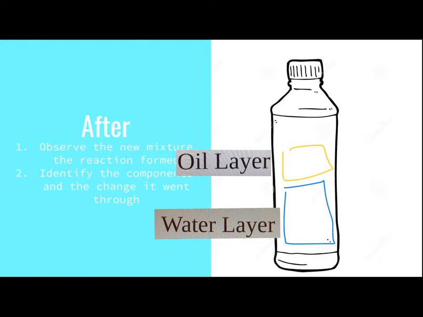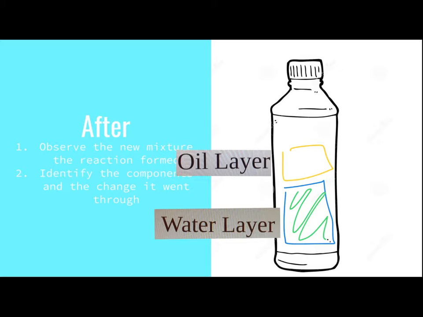First, we can tell apart these two layers, which makes it a heterogeneous mixture. But after the green food coloring was added, that still did not change. Only the water itself changed, turning into a homogeneous mixture because you could not tell apart the food coloring and the water itself.